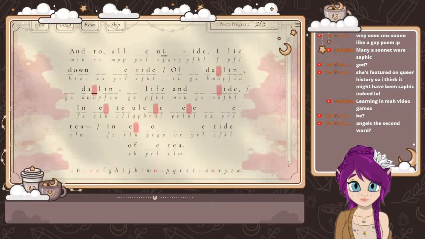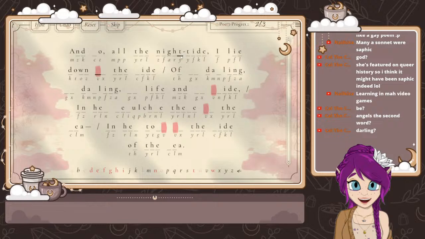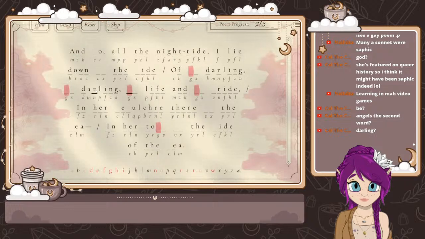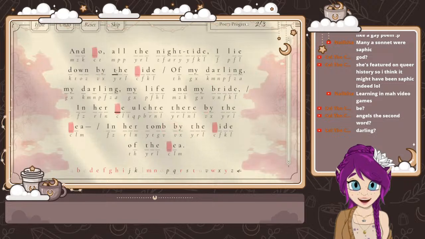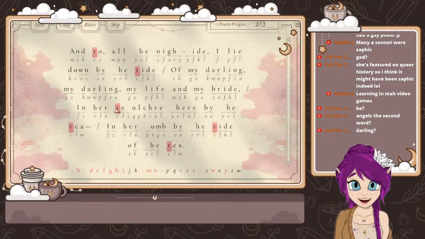To all night tide. To all the night tide. And all the night tide. Darlin? Oh, it is Darlin. Of my Darlin? Down by the tide. And to all... No, I'm doing a mistake.